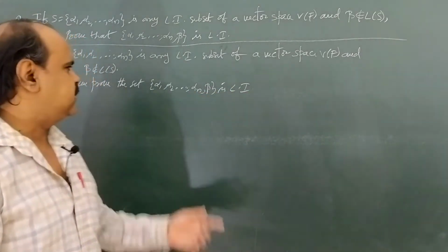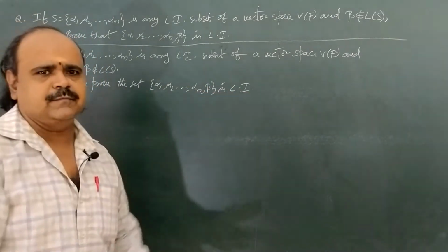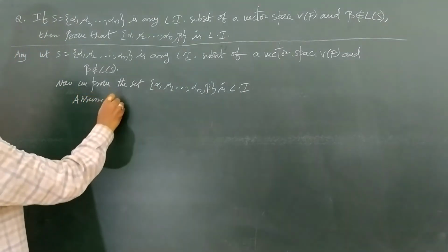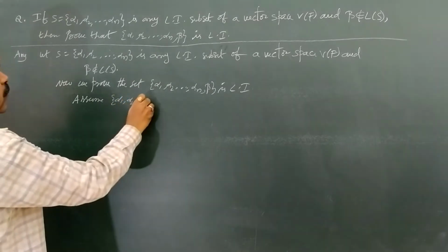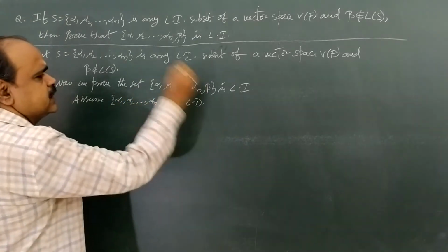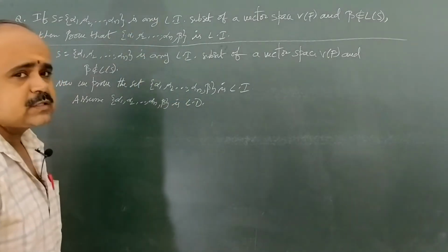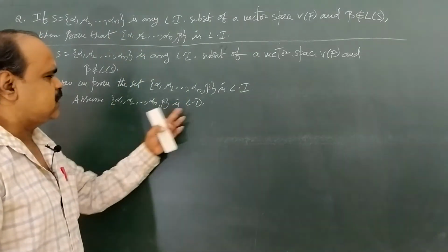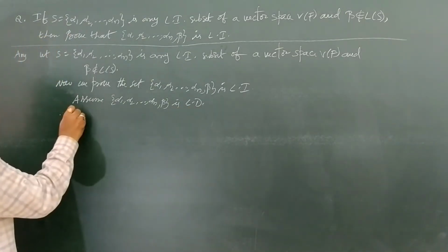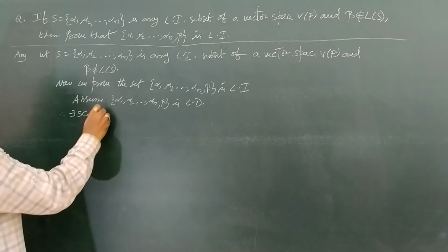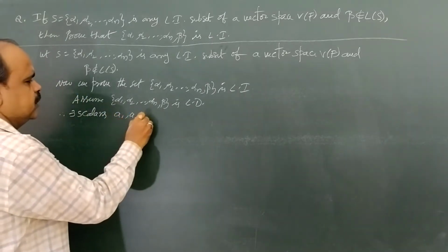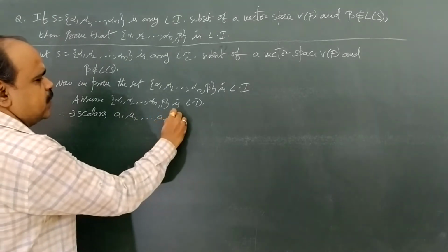But on the contrary, suppose the set is LD. Assume the set alpha 1, alpha 2 and so on alpha n, comma beta is linearly dependent. Linearly dependent means a linear combination of all these vectors is 0 but the scalars are non-zero. Therefore there exist scalars a1, a2 and so on an, comma small b.